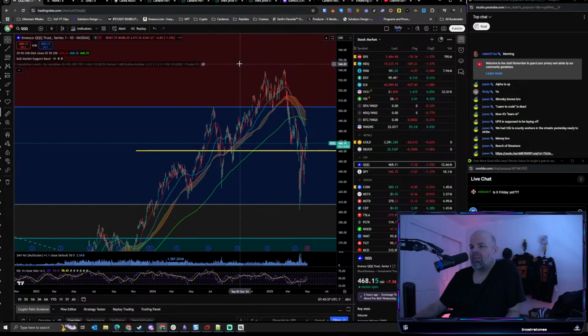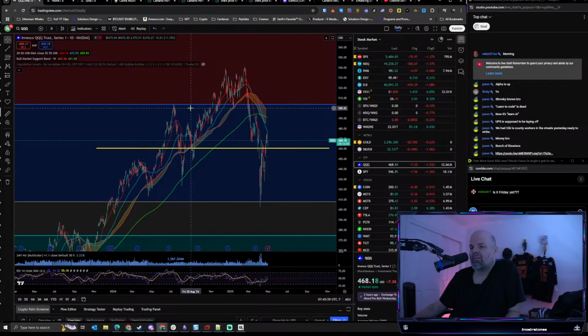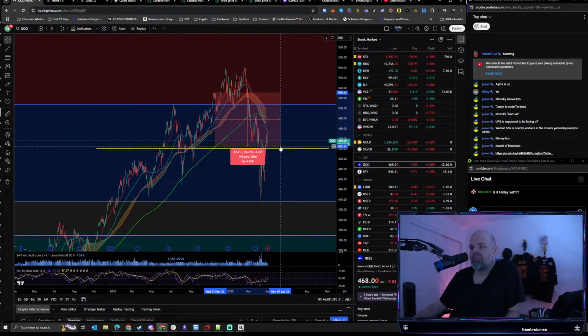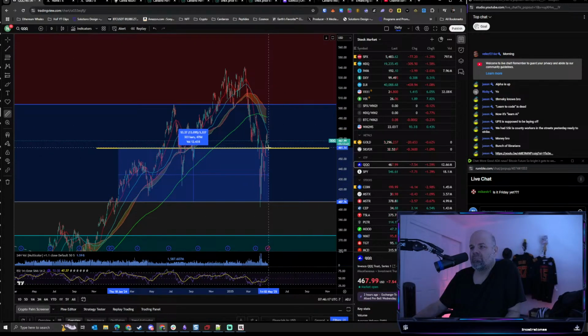I mean, since he took office, we're down. We're down 10% since he took office on the cubes. But it's still up 13% from the beginning of 2024.